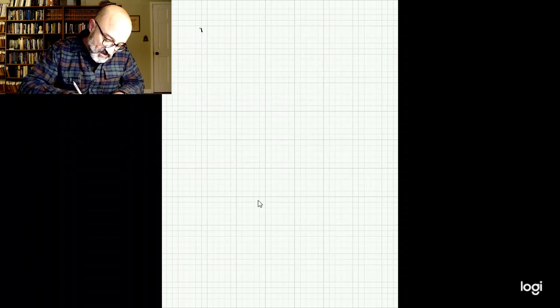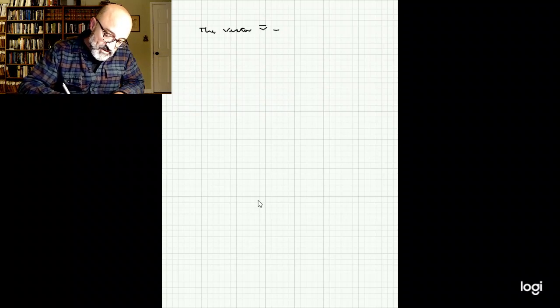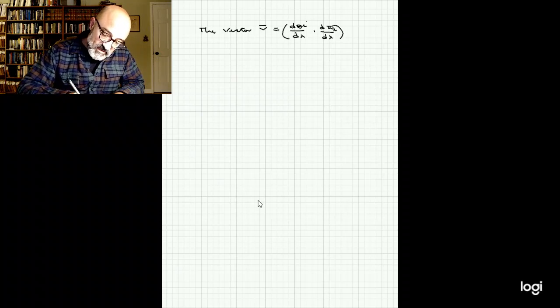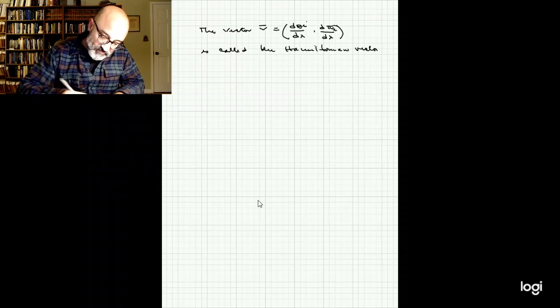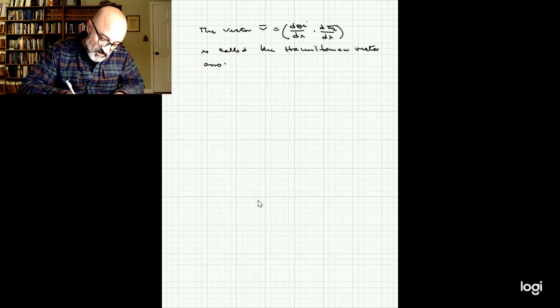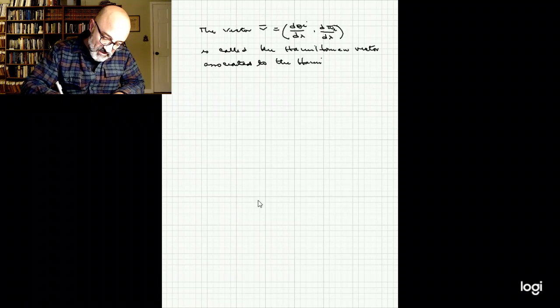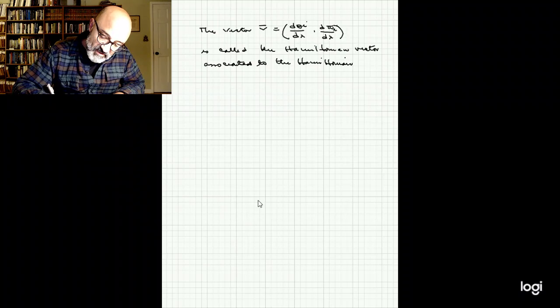The vector v with components like so is called the Hamiltonian vector associated to the Hamiltonian v tilde, the scalar function.